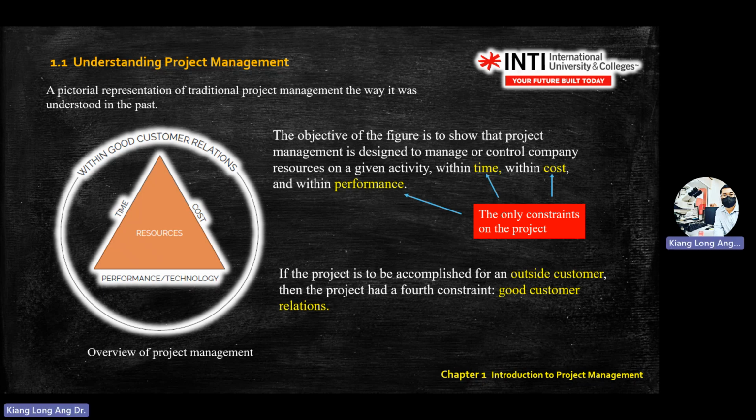A good customer relationship will help you. Sometimes, even though you have limited time, if you are very close to the customer, you can negotiate. Even the cost, or the performance or technology. Maybe your customer has better technology compared to you. You negotiate with your customers, and they can lend you the technology.